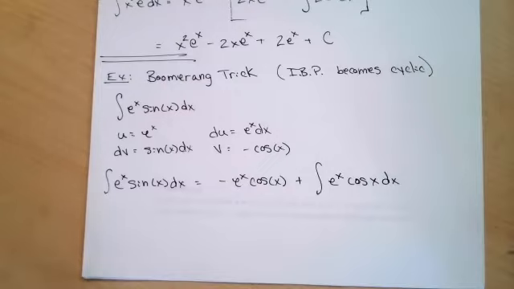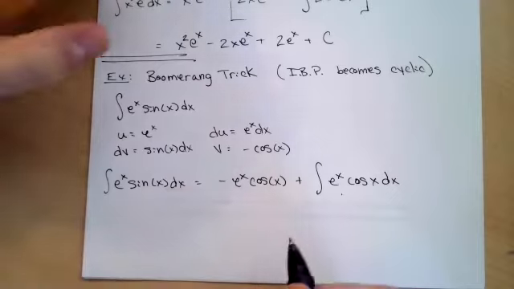Well, okay, we changed around some things. We've got another integral, and the integral is essentially of the same nature, right? We didn't really change anything about it. So, well, what can we do?